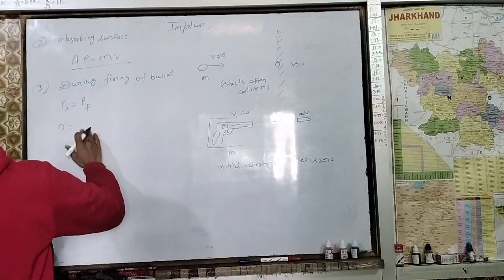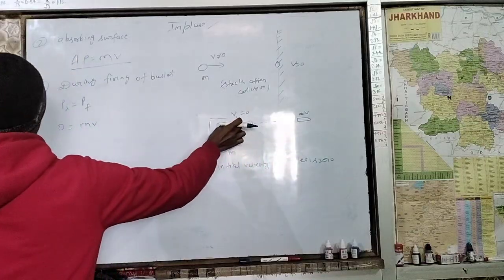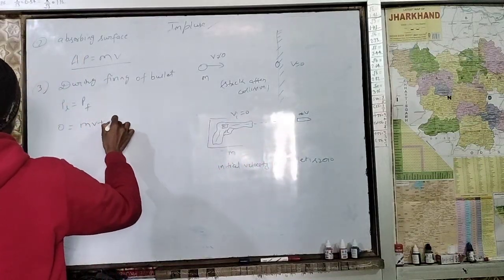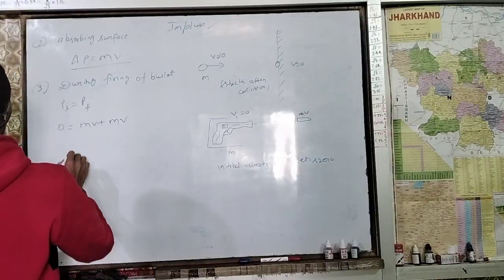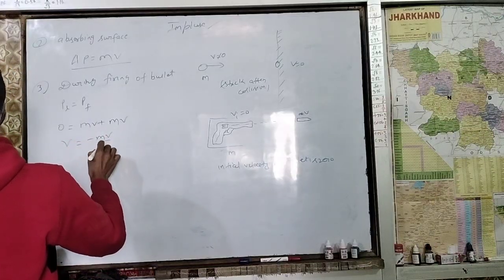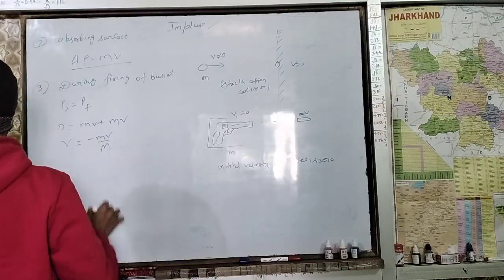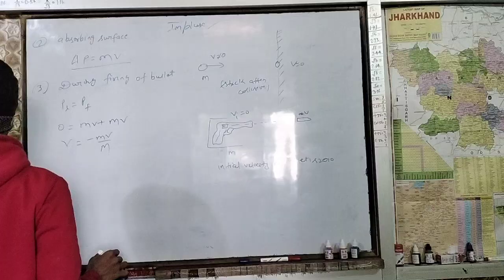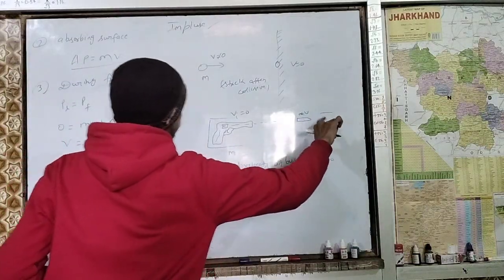Or you can write it as m_b v plus m_b v, v is common in this equation, minus m_b v upon m. Minus is for direction over here.